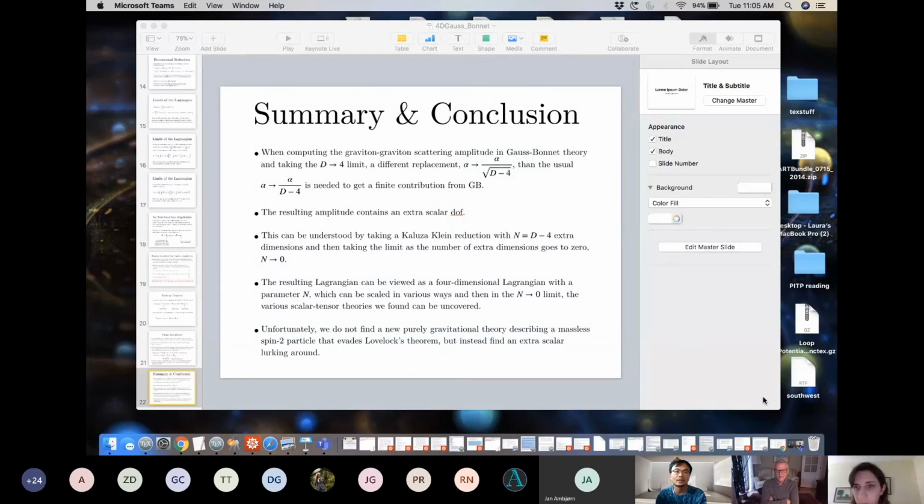So in this Gauss-Bonnet case, it seems there's a similar discontinuity between the D→4 limit and D equals 4 exactly. So I'm wondering, do we have a similar prescription here, analogous to Proca theory? Did I explain clearly?